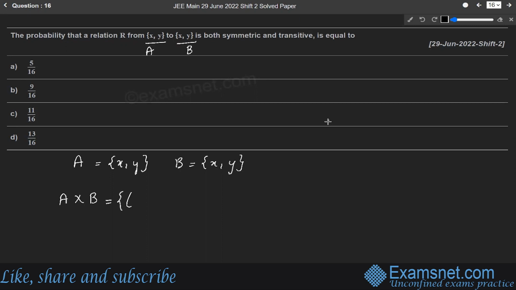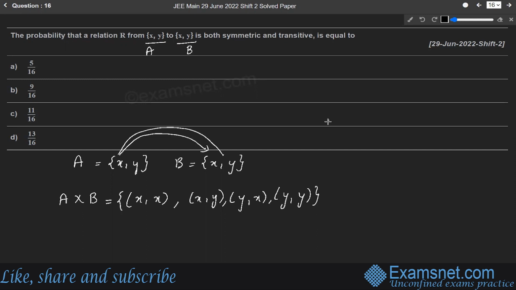First element will be of A and second element will be of B. It simply means (x, x). Then next ordered pair will be (x, y), then (y, x), and then (y, y). I hope you are clear with this. First we have to take x with x, then x with y, then y with x and y with y. So in this way we found the Cartesian product of two given sets.